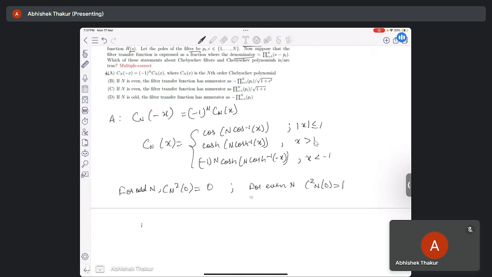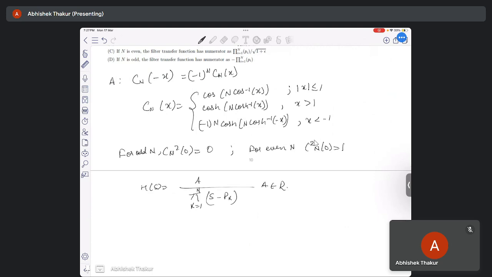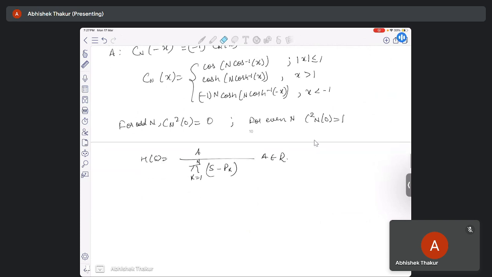And the transfer function H(s) is given as A by something, where A is some real number. So the magnitude of this transfer function squared will be 1 by 1 plus epsilon squared times something evaluated at s by j omega p.